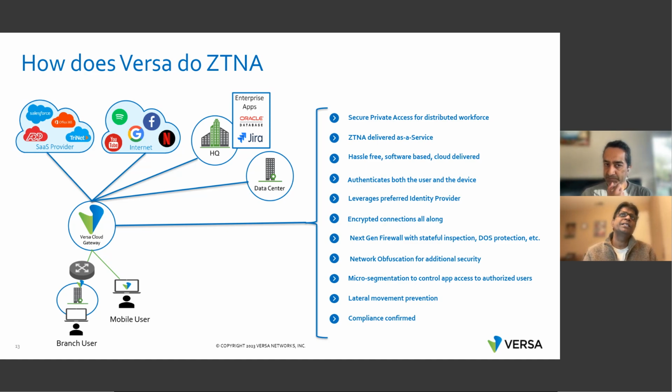As I told you, for a given user, you can further segment into which application the user wants, and under the application, what access you want to give. It gives a lot of flexibility, and between user to user on the same LAN, it gives you a micro segmentation level. It also does lateral movement prevention, because even in the same LAN, every user is protected in its own context, and of course, compliance is confirmed.